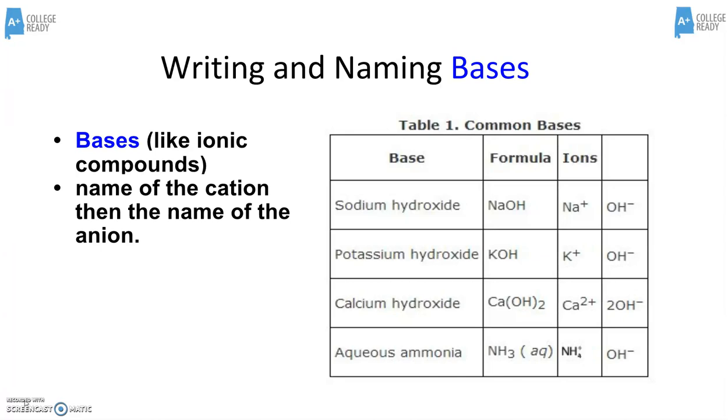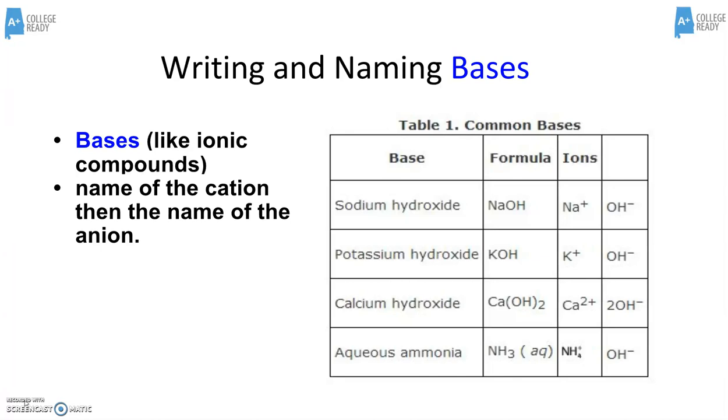Now, we do the drop and swap when we have different charges. So therefore, calcium hydroxide, the positive oxidation state of 2 for the calcium, will require 2 hydroxide units to bond to it. Therefore, the 2 is represented outside the parentheses of our polyatomic ion of hydroxide. It's a distributive property, remember.